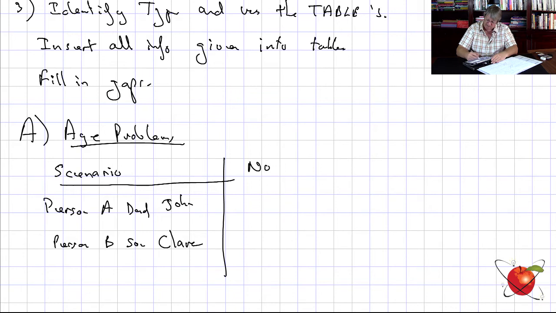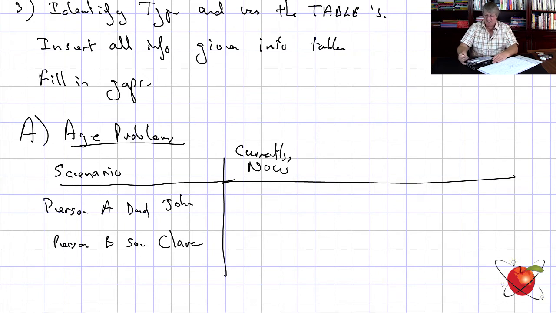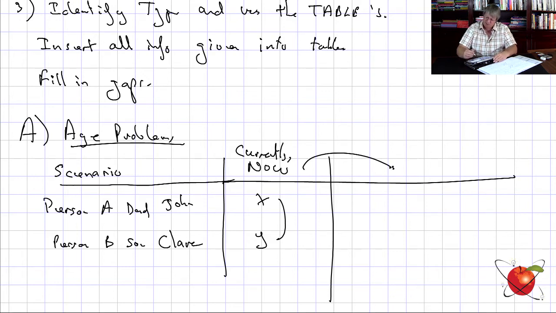The next step, that's the scenario, we put that down. Then they tell us what is currently the now situation. We put down the information about this person and this person now. Then they're going to say time marches on. So we put in either future or past.